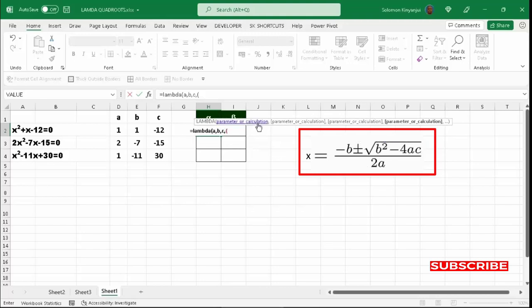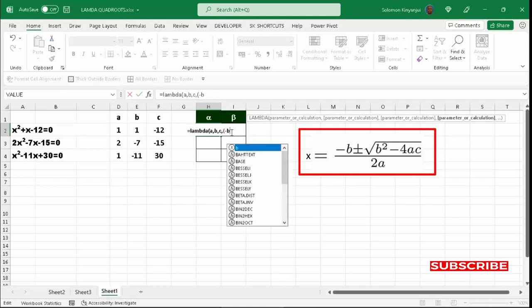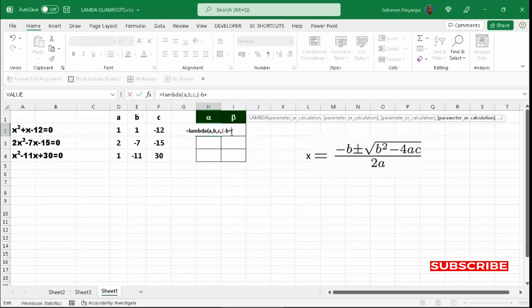Then we simply put negative B, then plus, and we now apply the curly brackets to get plus or minus. So that is curly brackets, 1, comma, negative 1, close curly brackets.